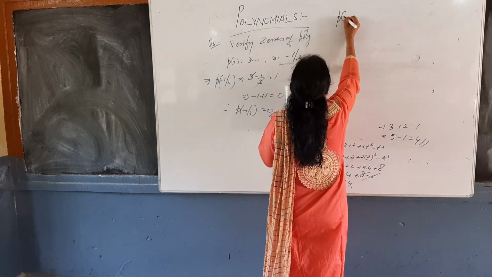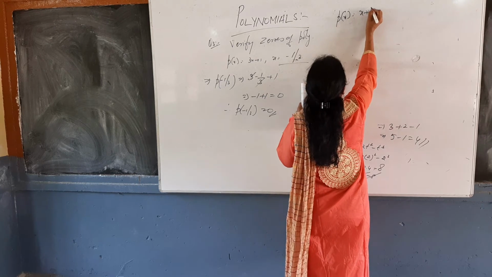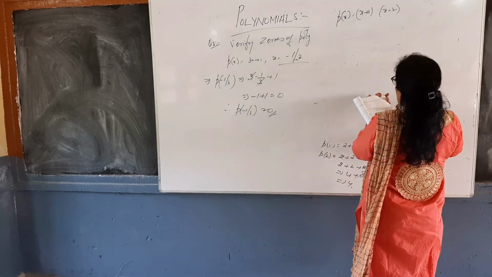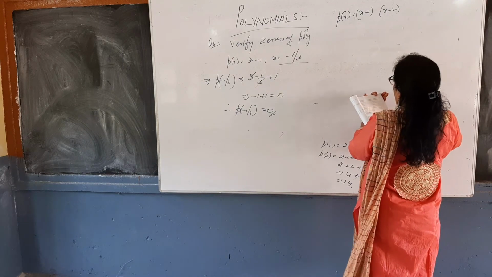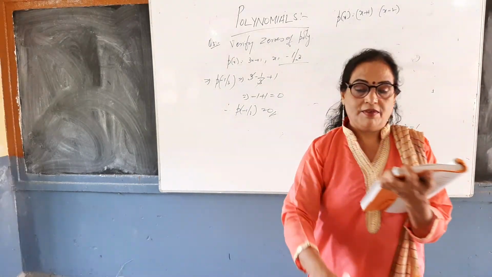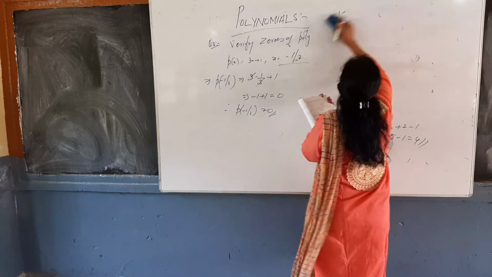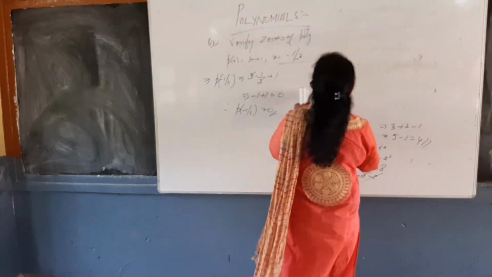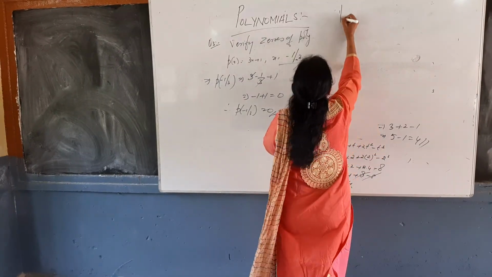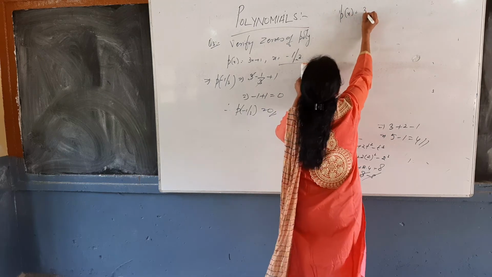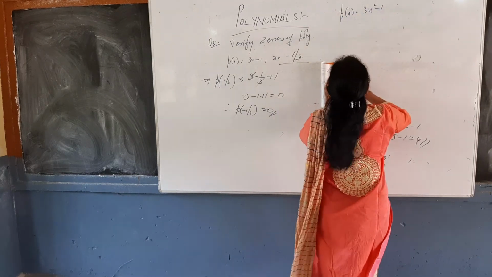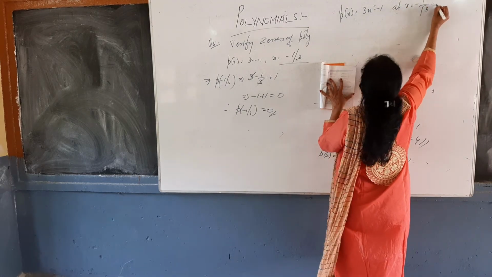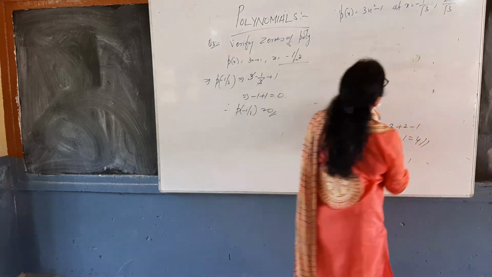Here Px is given as 3x square minus 1 at x equal to minus 1 by root 3 and 2 by root 3.